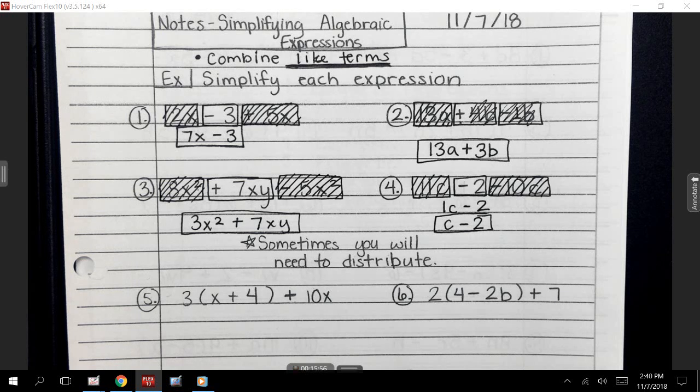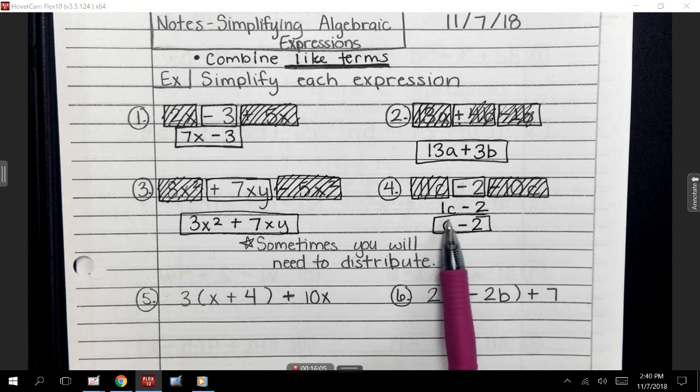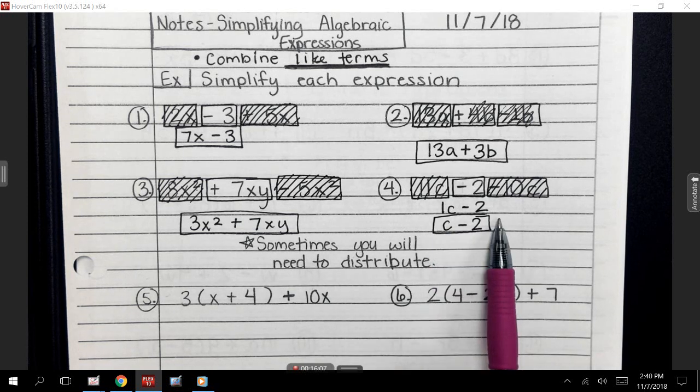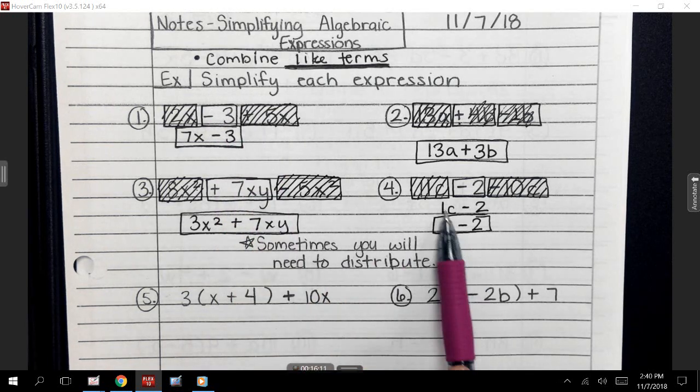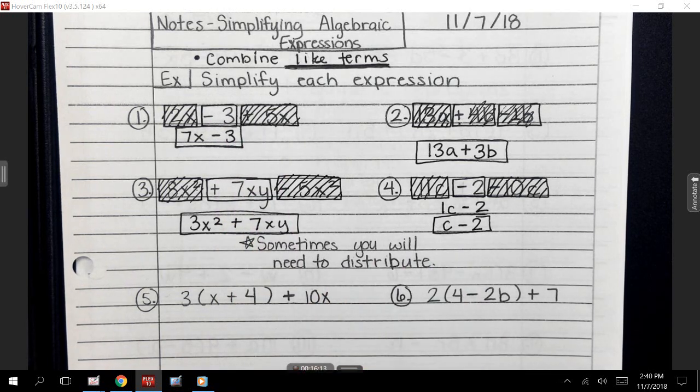A trapezoid is a quadrilateral. It is a polygon. But more specifically, it's a trapezoid. 1C minus 2 is correct, but have I simplified it all the way? I can make it simpler by taking that 1 off. So it's about doing it all the way. Okay?